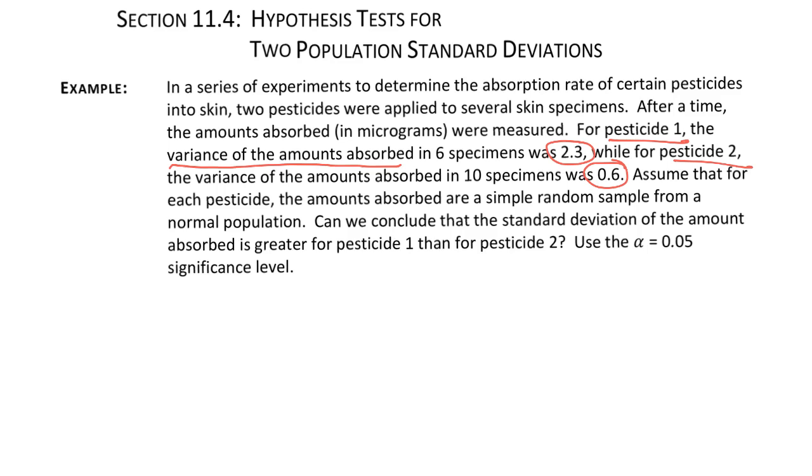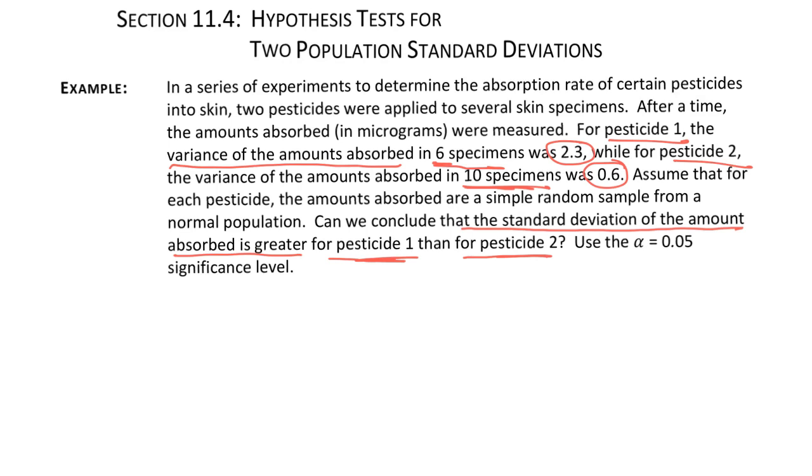For pesticide 1, there are 6 specimens, and for pesticide 2, 10 specimens. We need to conclude that the standard deviation of the amount absorbed is greater for pesticide 1 than for pesticide 2. Here we need to perform the hypothesis test for two population standard deviations.